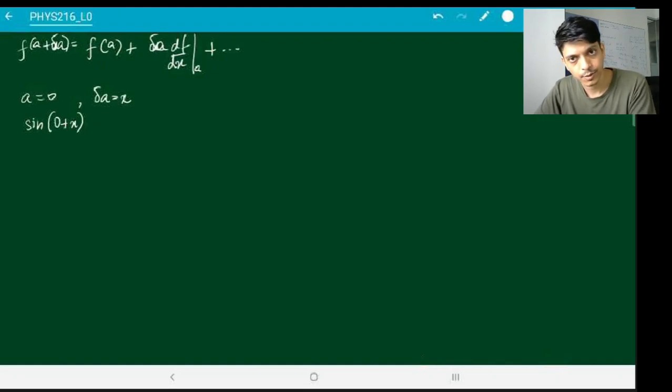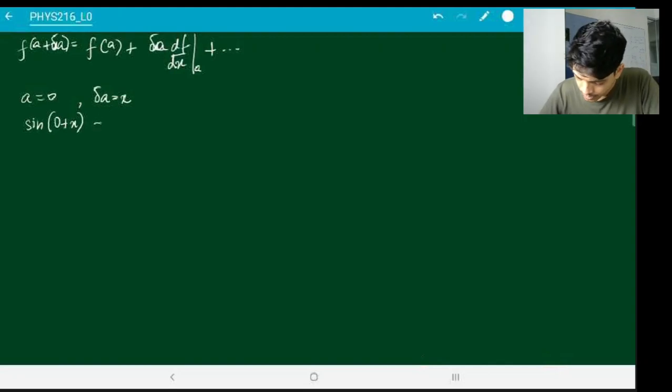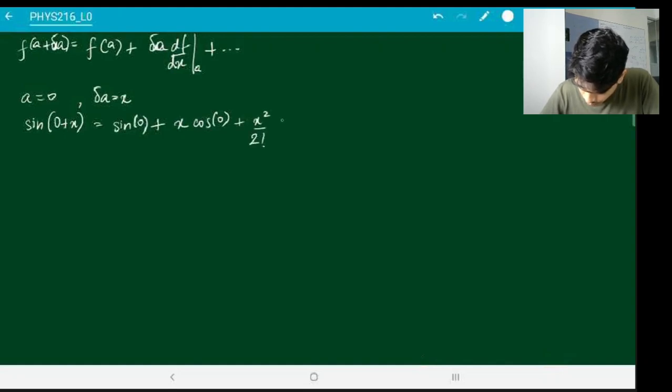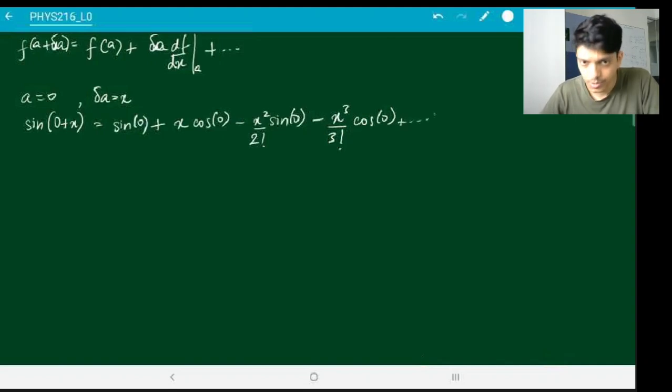I know sine of 0 is 0. The question is, what happens if I move a little bit away from 0? If I just apply this formula, I'll get sine of 0 plus x times cosine of 0, plus x square by 2 factorial times the second derivative, which is sine of 0 with a negative sign, then x cube by 3 factorial times cosine with a negative sign, and so on.